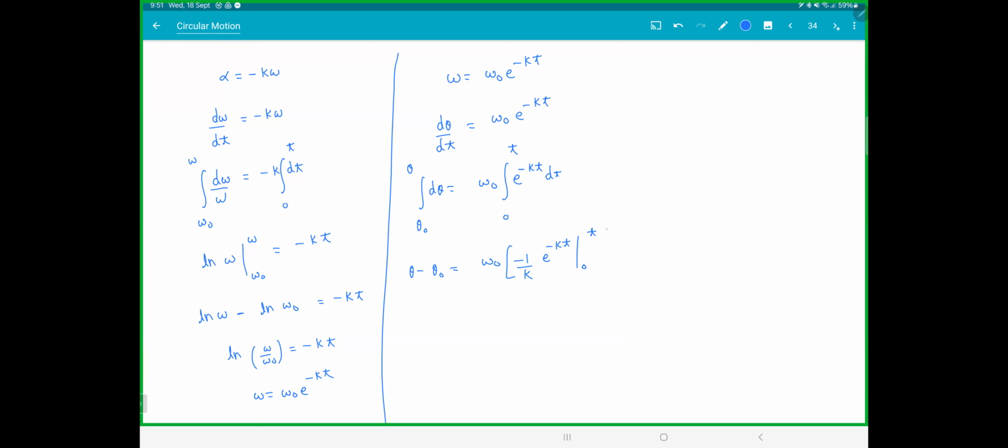Limits will go from 0 to t. This is theta minus theta naught equals minus omega naught by k times e power minus kt minus e power 0. Be careful, e power 0 is not 1. I'll send the minus inside. This will become omega naught by k times 1 minus e power minus kt. Check. Like I said, it's brute force. There is nothing with double integration, and done. Do have a look at the steps.